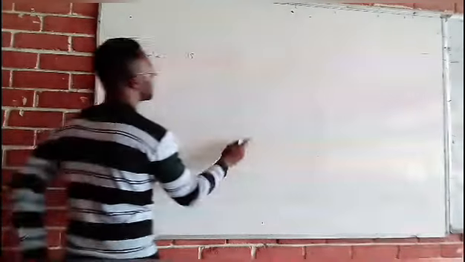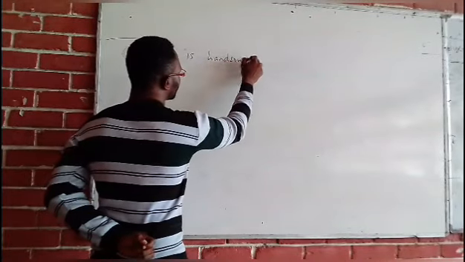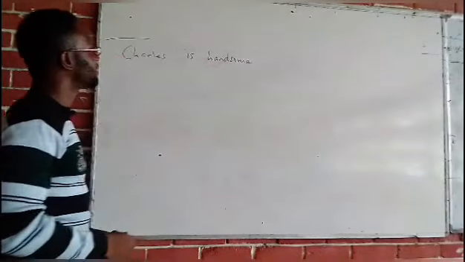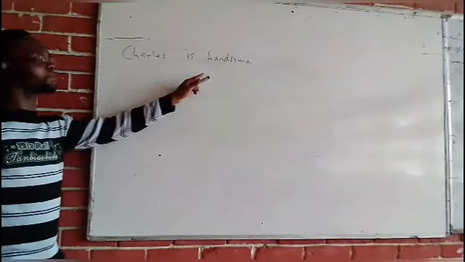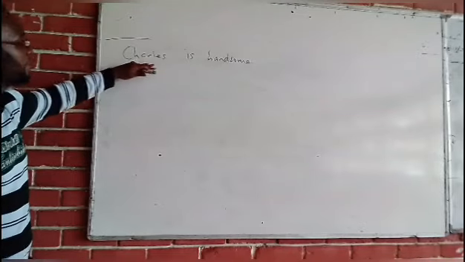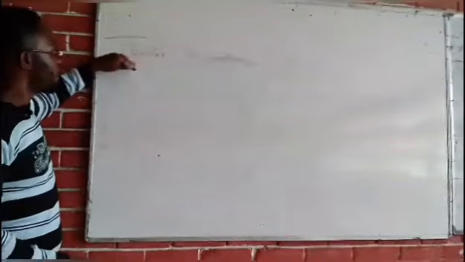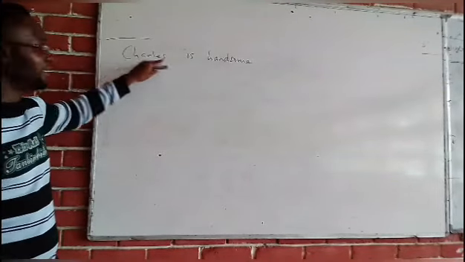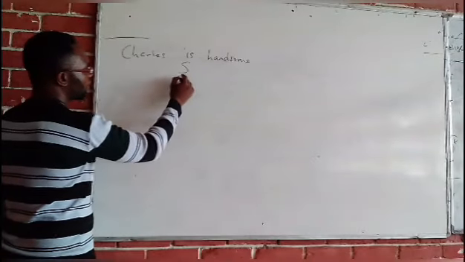Charles is handsome. What kind of construction is this? Charles is handsome. Of course, this is a sentence, right? Because we can break it into NP and VP, isn't it? So that means here we have the subject and the predicate.